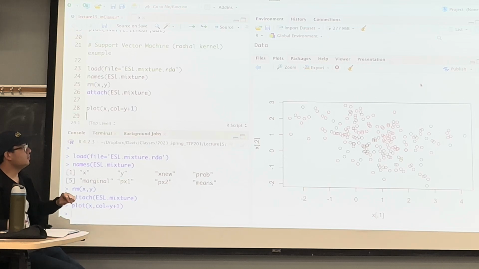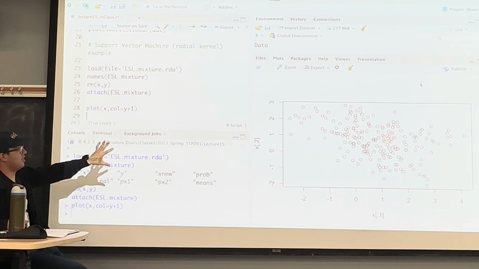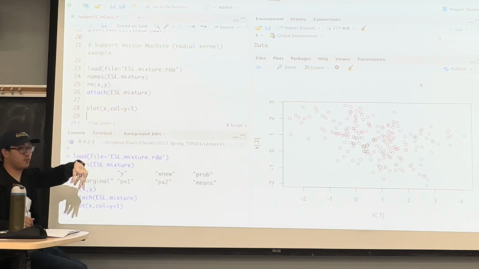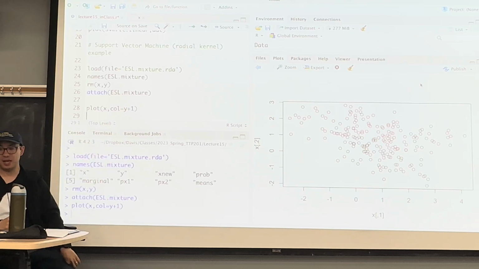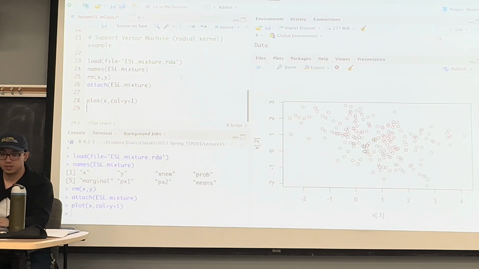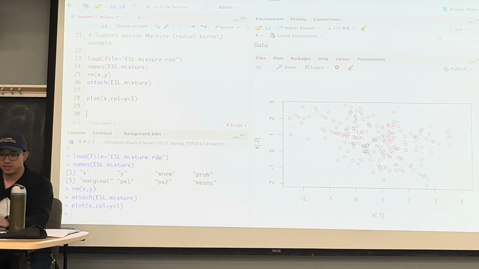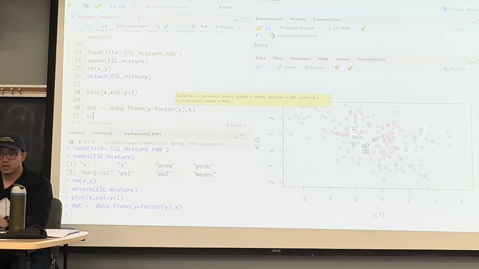Okay, so we've got a whole bunch of red points, a whole bunch of black points, a lot more overlap, and maybe we would want something nonlinear here, right? So if I do something like this. Okay, so svm fit, we're going to do a radial kernel this time.